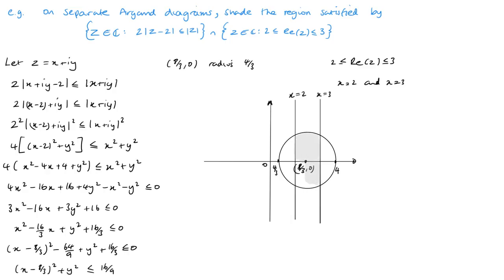So I'm looking at that. Okay, and that's really all there is to it on this one. Hopefully not too difficult, and you shouldn't have had too much of a problem following that one.